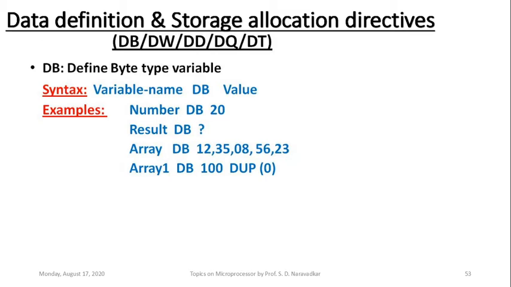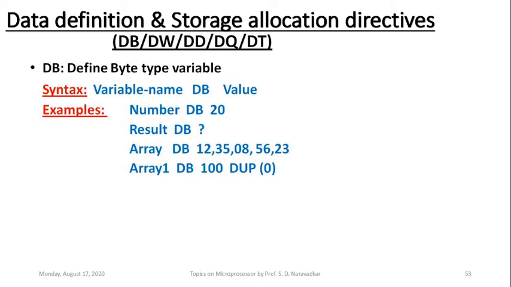Now here are some examples. The first example is number DB 20. It means that the variable named number is reserving 1 byte, and the value of that number is equal to 20.